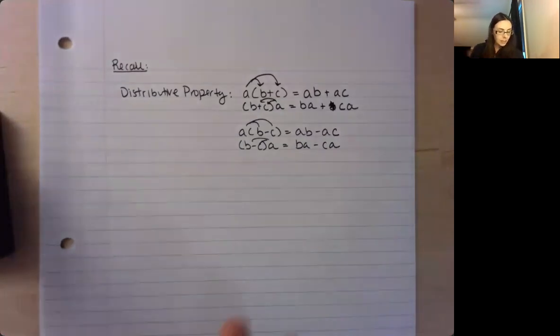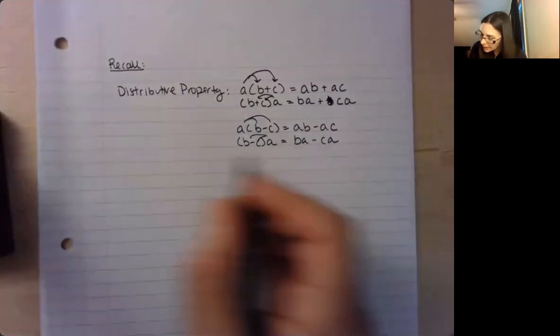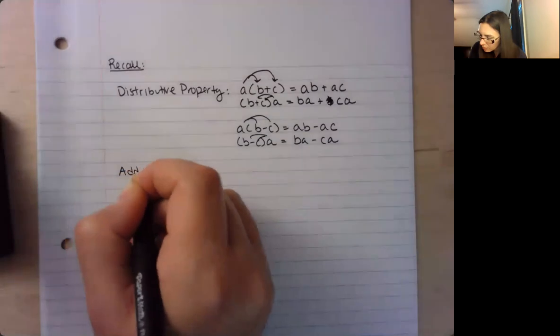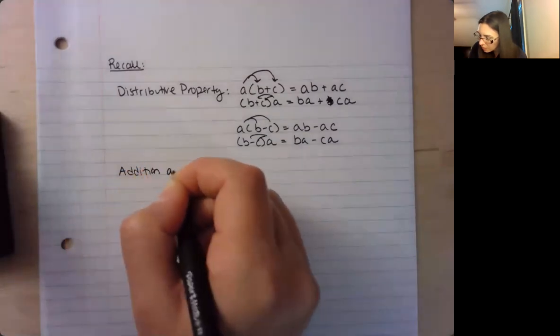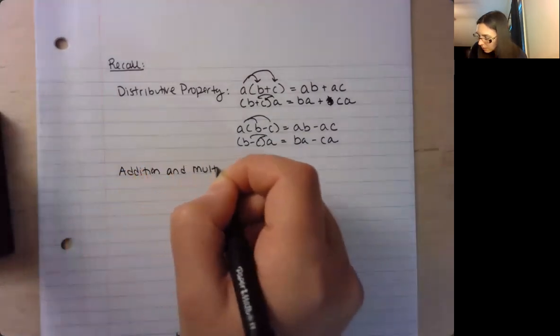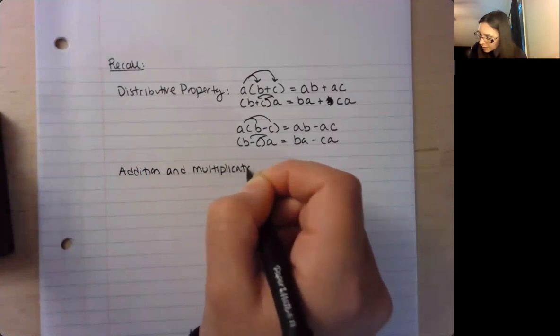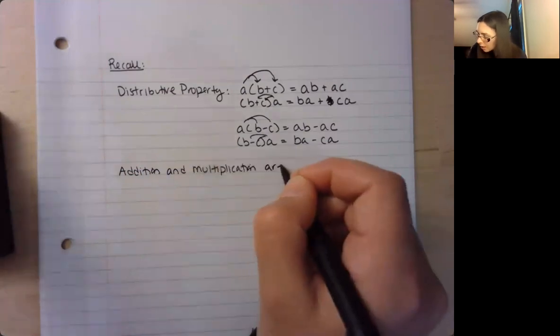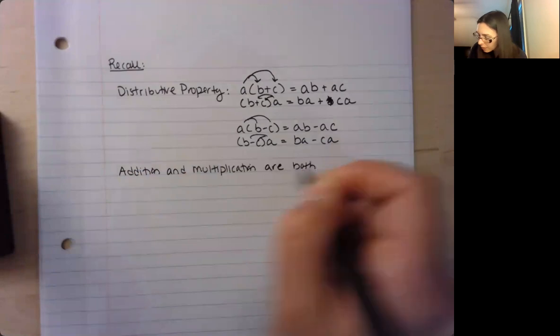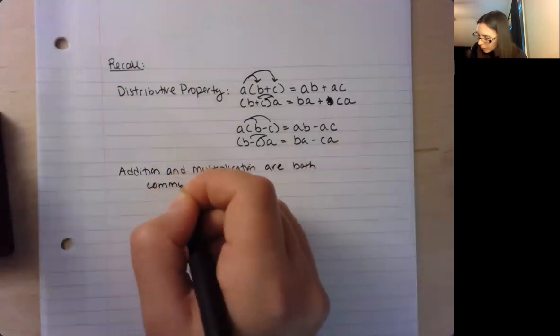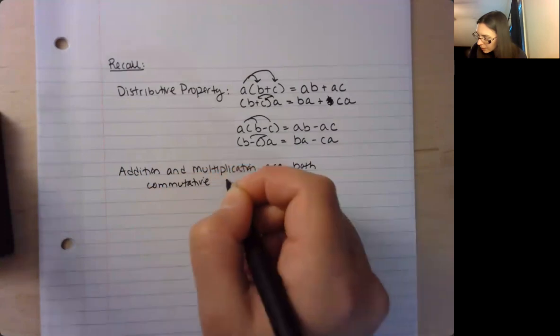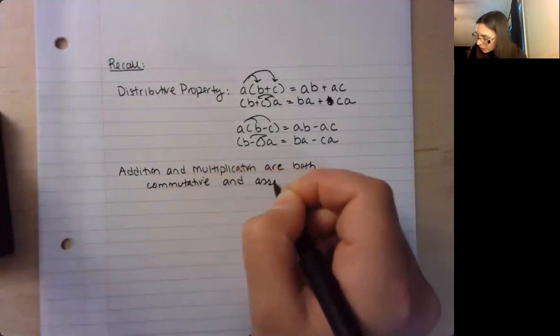And other examples as well, things that you want to keep in mind, is that addition and multiplication are both commutative and associative.